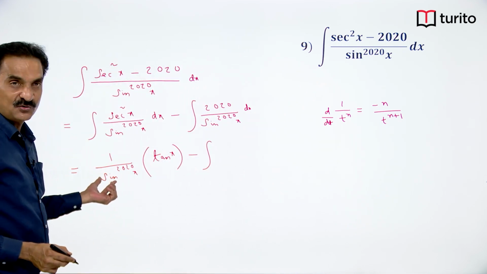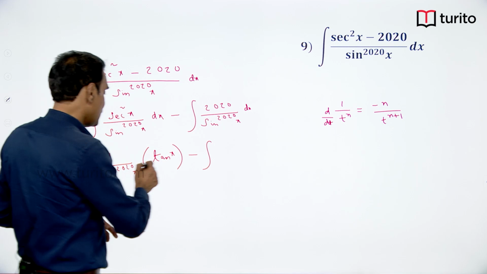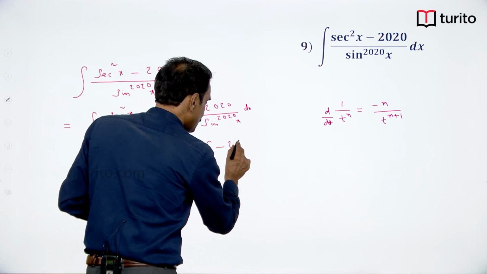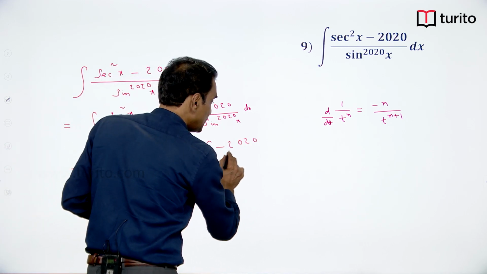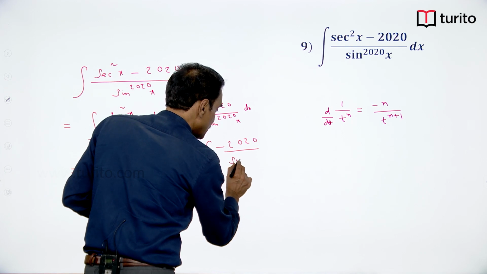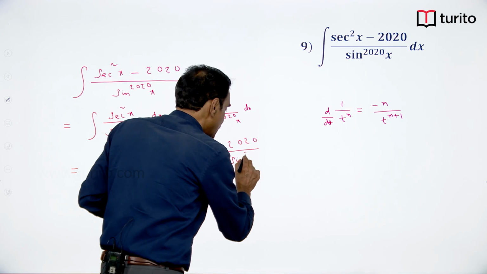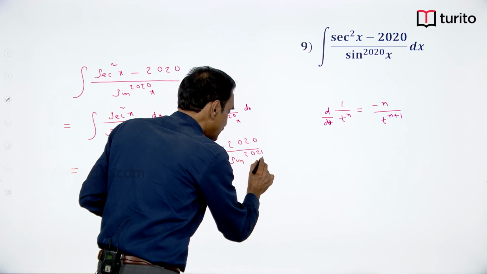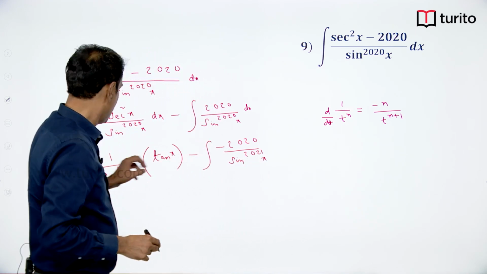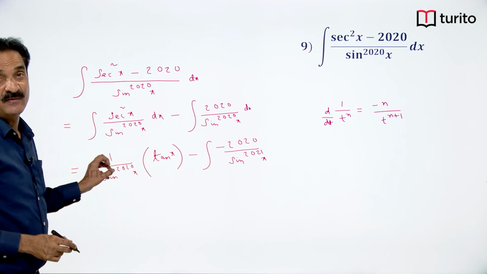Then if we assume sin x as t, its derivative is minus 2020 by sin x power 2021, but we have to multiply by the inner derivative of sin x.